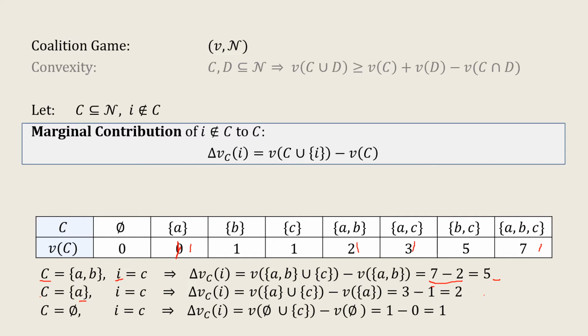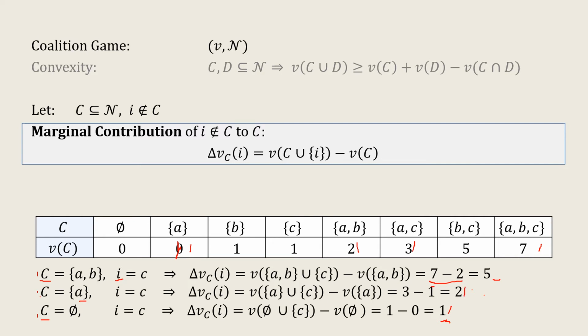And when C is the null coalition and i equals C, then the incremental or marginal contribution of the agent is 1. So you can observe one thing here. As the coalition increases, the marginal contribution of the same agent C is also increasing. It's 1 when the coalition we considered was the null coalition.